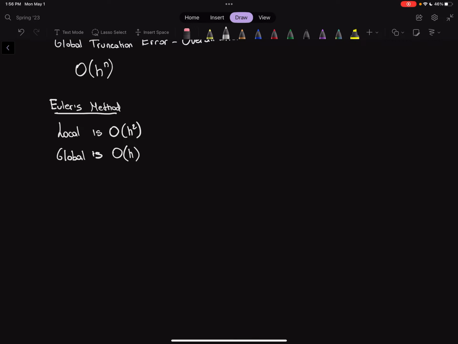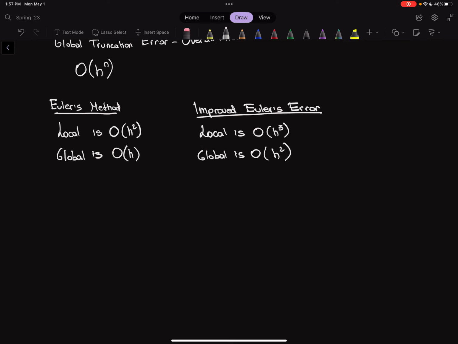For the improved Euler's error, we have something else. We have the local error is O(h^3), and the global is O(h^2). So let's quickly look at an example of how to do this.